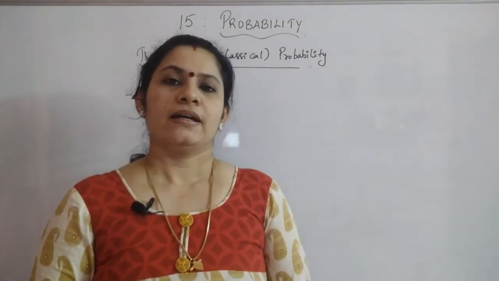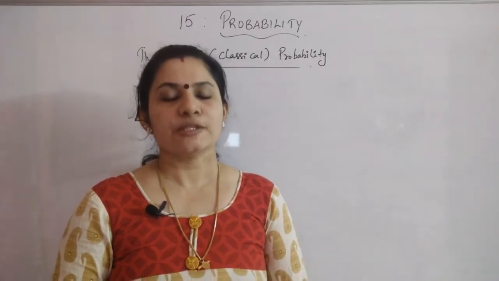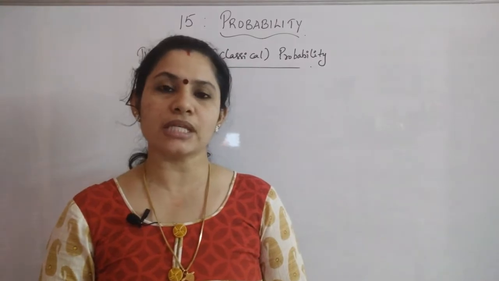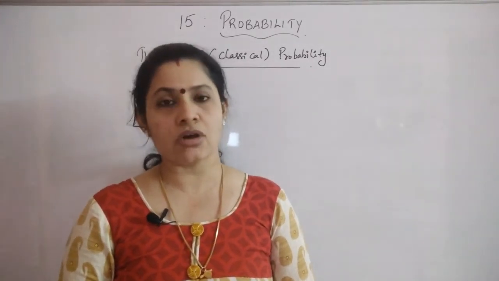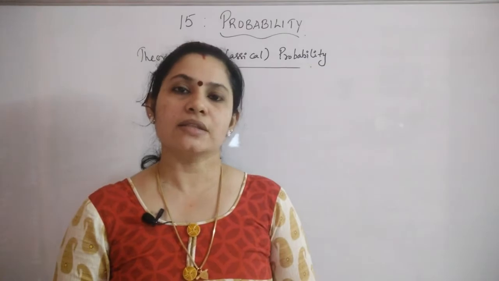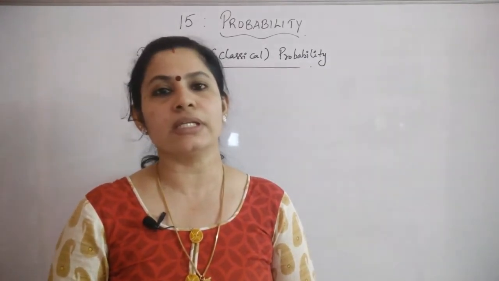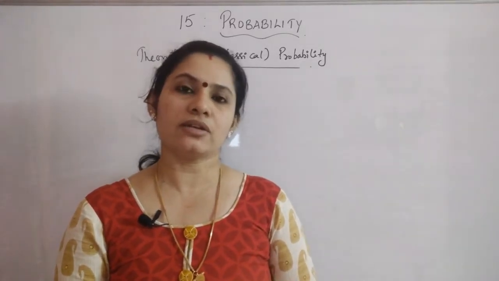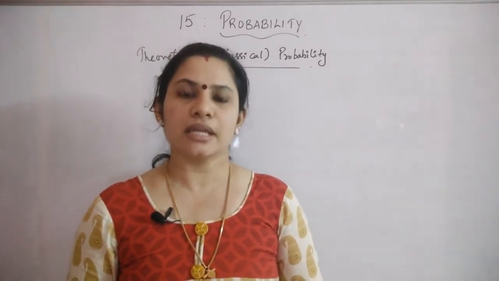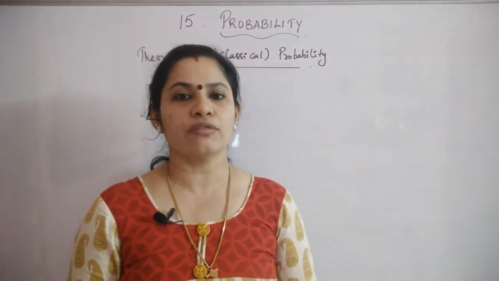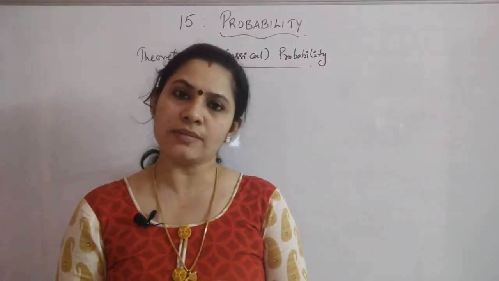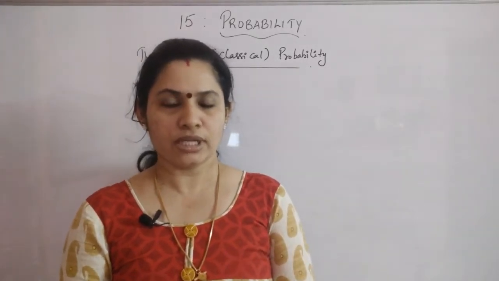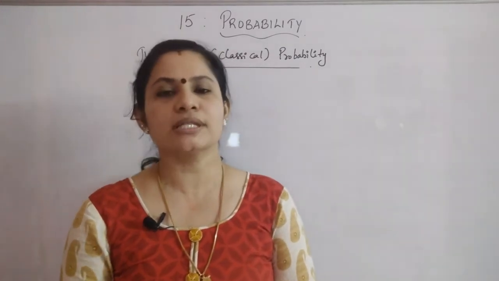The main difference between experimental probability and theoretical probability is that experimental probability is based on actual recordings or actual experiments, and the theoretical approach is based on assumptions. In the earlier example, tossing a coin and repeating it again and again, the probability of getting a head or a tail is nearly the same, that is a half chance to occur.